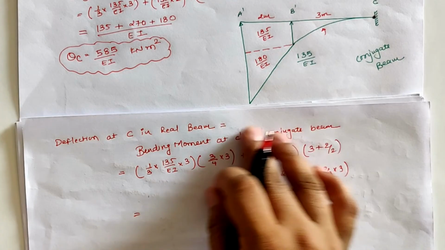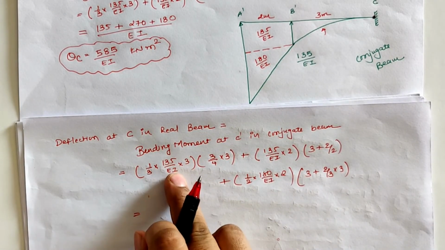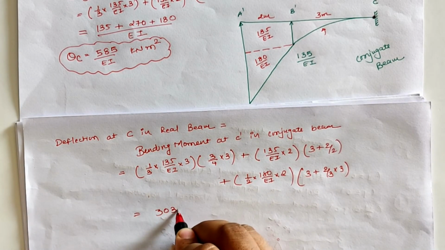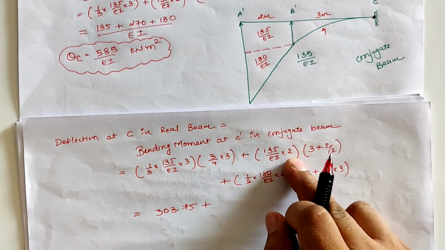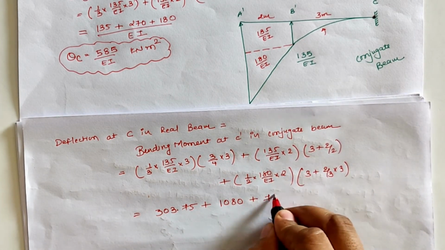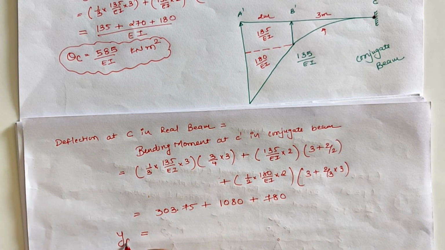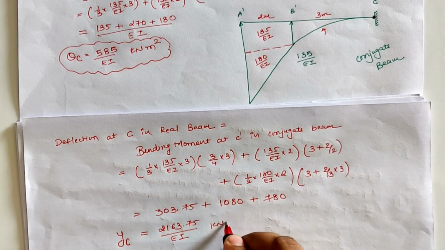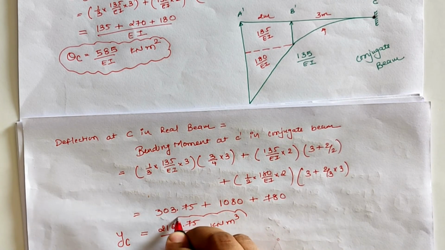Now solving this term, the deflection at the free end YC is 2163.75 by EI in terms of kilonewton meter cube.